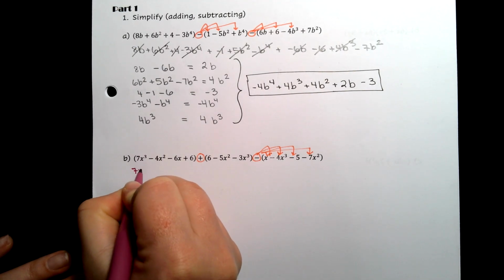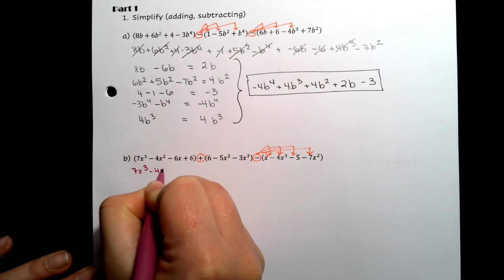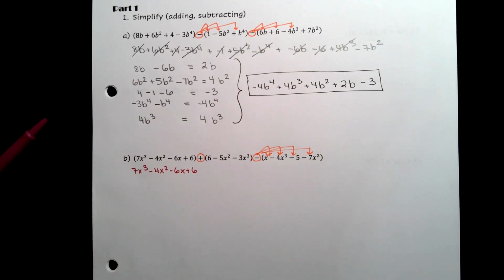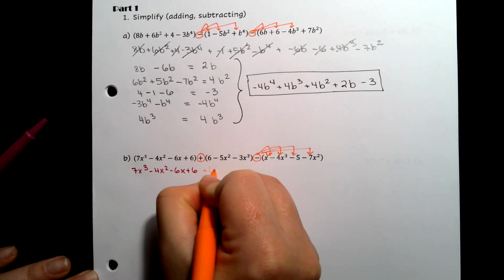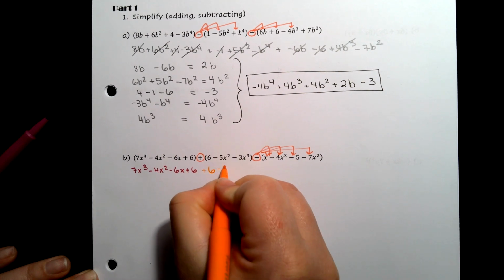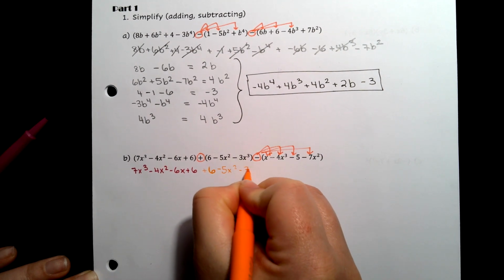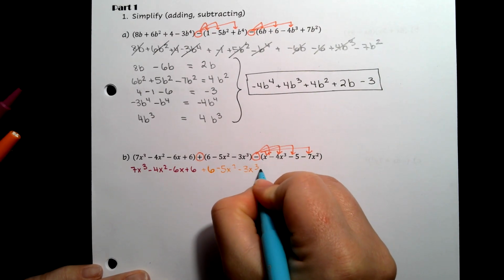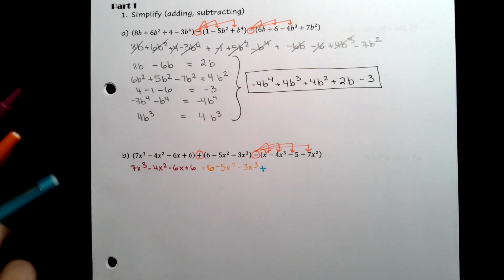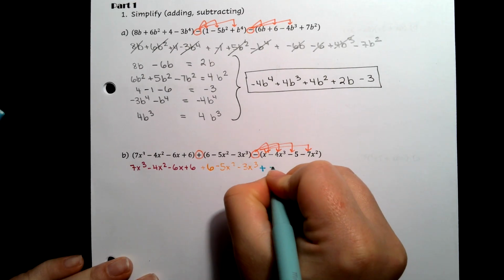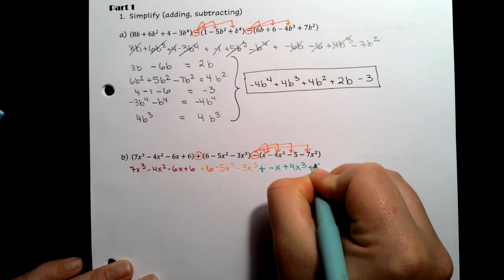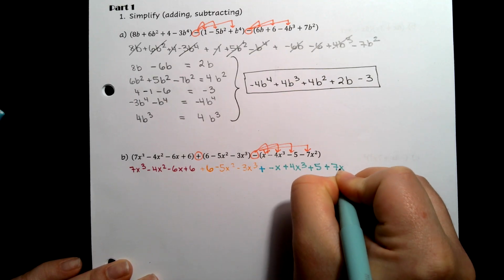So the 7x cubed minus 4x squared minus 6x plus 6 stays the same, plus 6 minus 5x squared minus 3x cubed, that's also going to stay. But what's going to change is this x, so we're going to say and, that's just in English, and negative x plus 4x cubed plus 5 plus 7x squared.